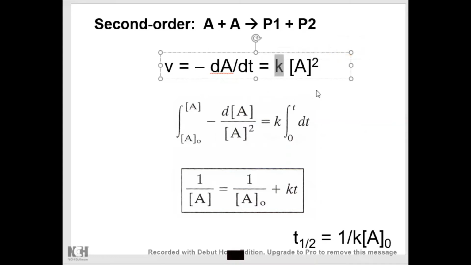So when we solve this differential equation, we will get this expression right here, and half-life time for A in this case does depend on the initial concentration of A.